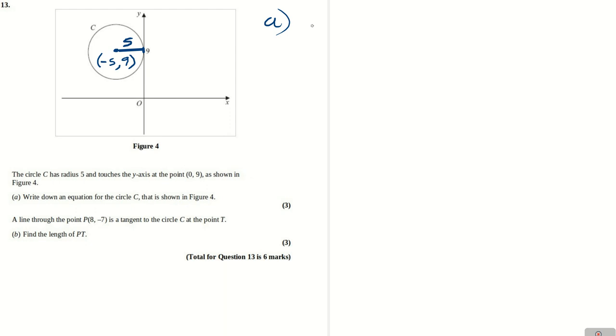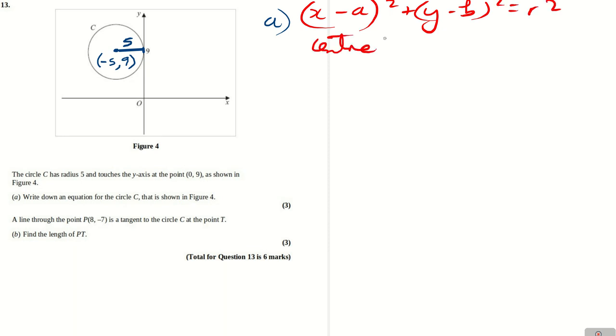And then we can write down straight away, remember the general form of the equation of a circle, which I'll write down again. It looks like this, where the centre is the point (a, b) and the radius is r.